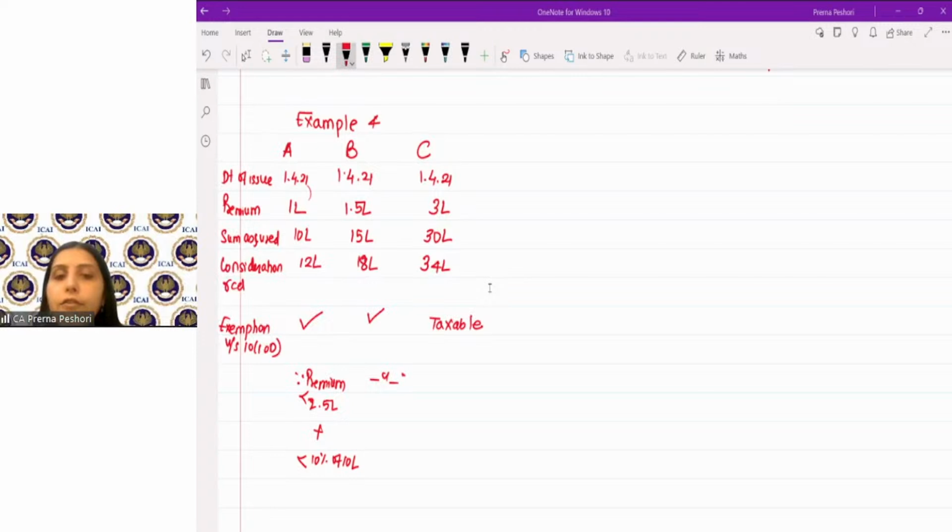It is only C which will be taxable. C will not be exempt since the aggregate for A, B, C exceeds 2,50,000. However, the consideration received under A and B shall be exempt since the aggregate of both of these policies does not exceed 2,50,000. Are we clear? Next example.